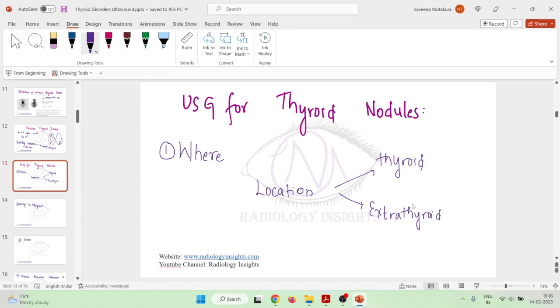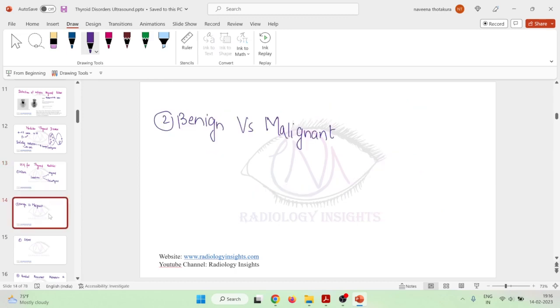At the same time, you will have to see whether the thyroid nodule is a benign thyroid nodule or a malignant thyroid nodule.